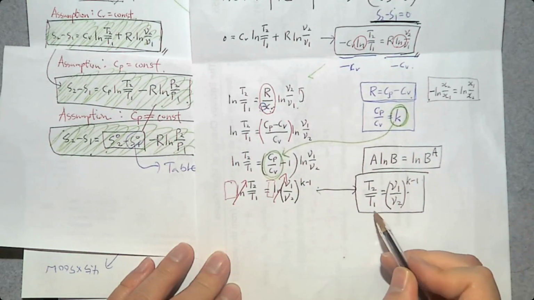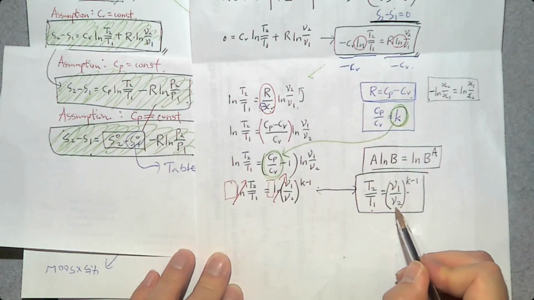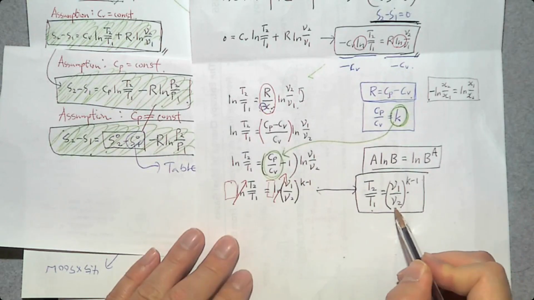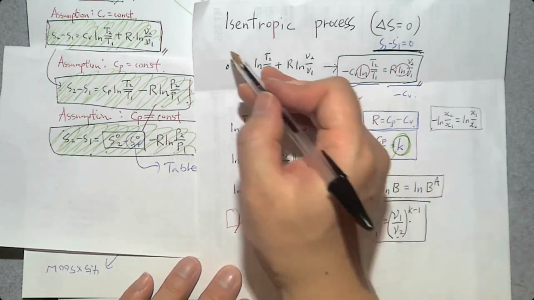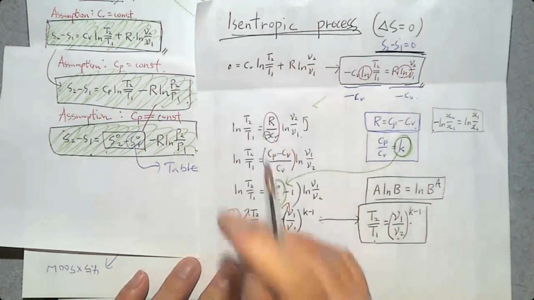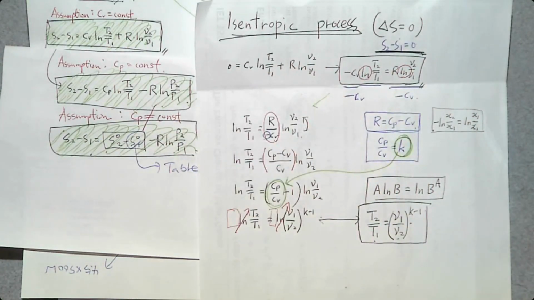This is the temperature-volume relation when we have an isentropic process. Any question about finding this relation? No? Okay.